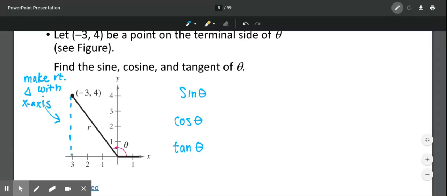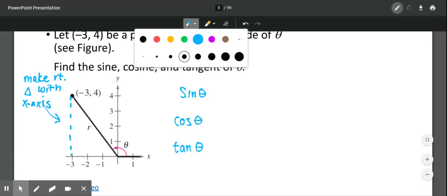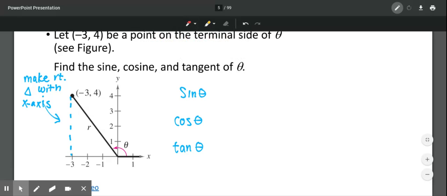When we make this triangle and label the sides, I know it doesn't make sense to have a negative side length, but I would still put a negative sign in there so that it keeps your values for sine, cosine, and tangent. If they need to be negative, then they'll be negative.